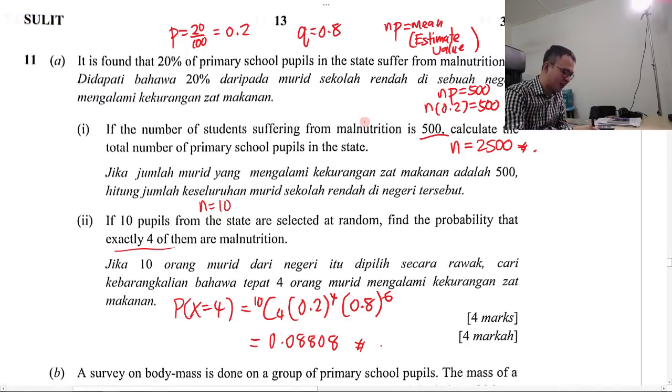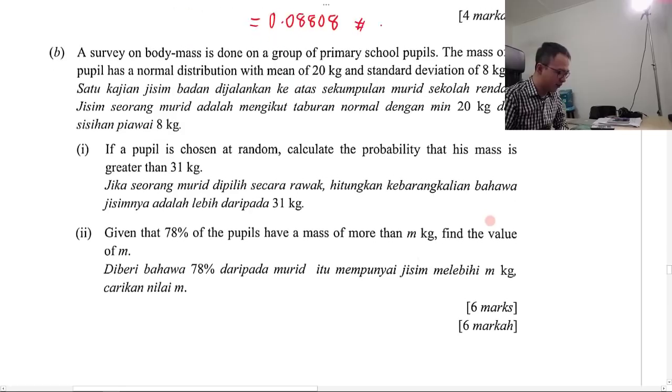If the number of students suffering from malnutrition is 500, they're trying to say that among the total people in the state, the average number of people who have malnutrition is 500. So the average is basically the mean. Right, let me move on to part B.